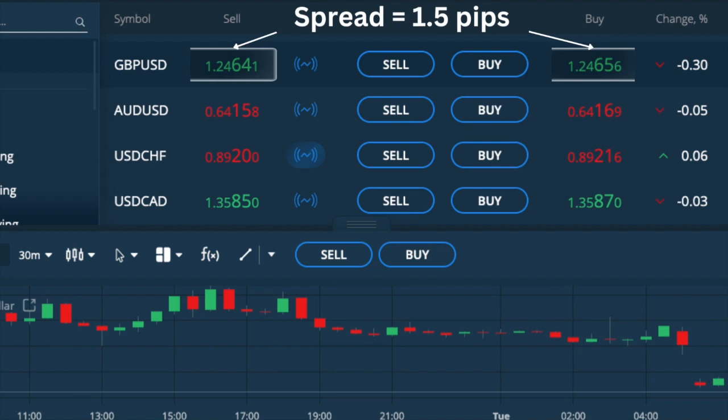The spread here is therefore 1.5 pips. If you were to buy the GBP USD and attempt to sell it straight back to the broker, you would immediately be in the red due to the 1.5 pip difference. So you would therefore need the GBP USD to appreciate by at least 2 pips before you could sell and make any profit. Low pips mean lower barriers to profitability.